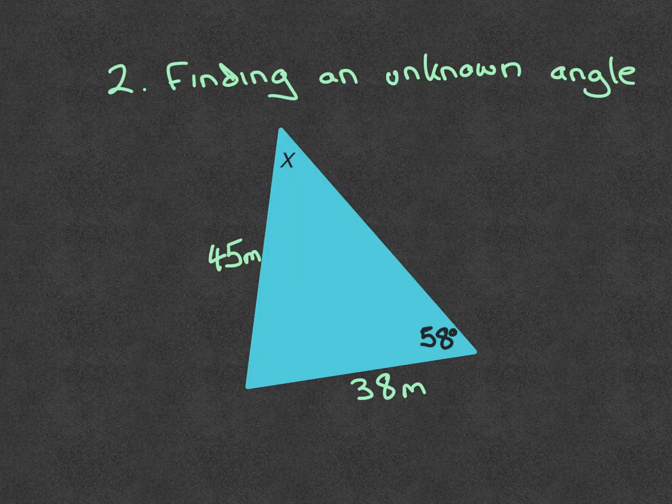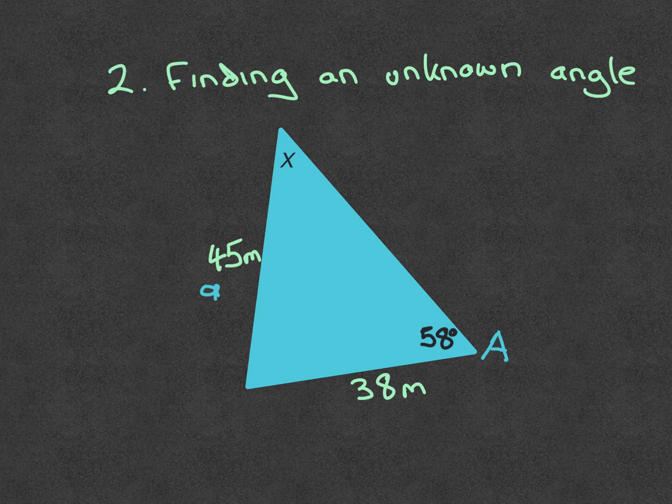So now let's look at an example of when we're trying to work out the unknown angle here. And it's exactly the same first step. We're going to label the angles and sides. Let's label this angle here A, and little a is the corresponding side. Now straight away we can see that we've got an angle with its corresponding side or its opposite side.